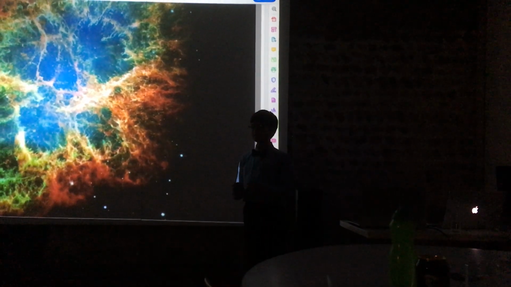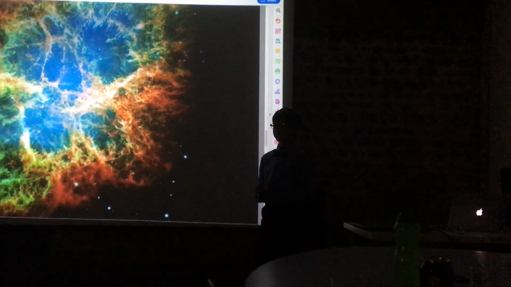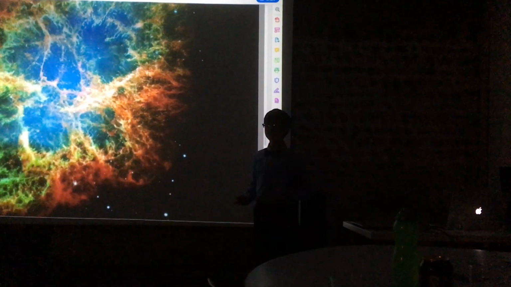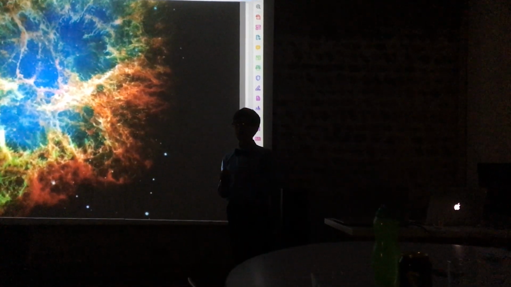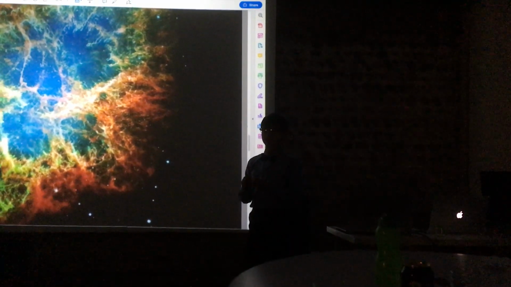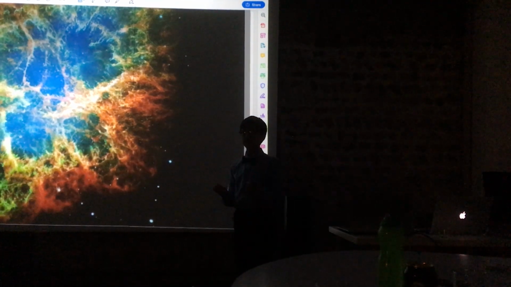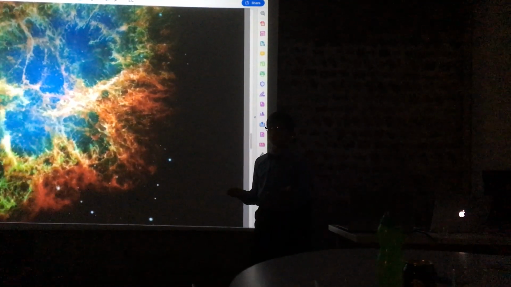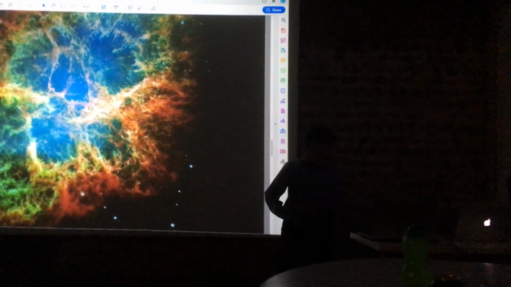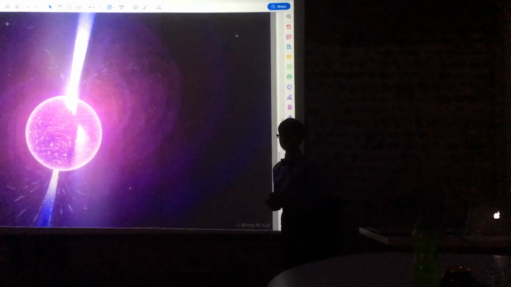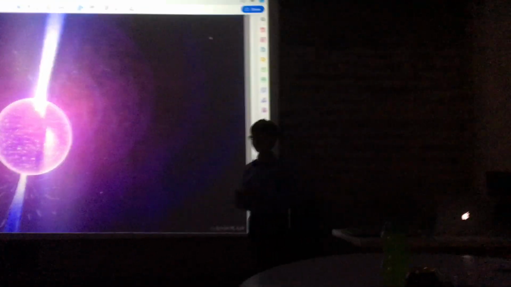In fact, there is something left behind when a supernova explodes. When the core of the star is crushed, protons and electrons combine and form neutrons. So what you're left with is an extremely dense ball of neutrons called a neutron star. One of these neutron stars, called a pulsar, is at the centre of the Crab Nebula.